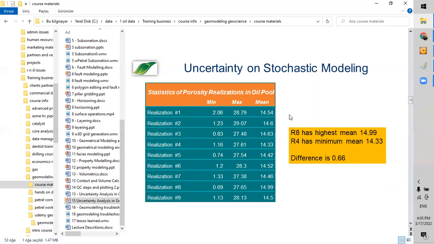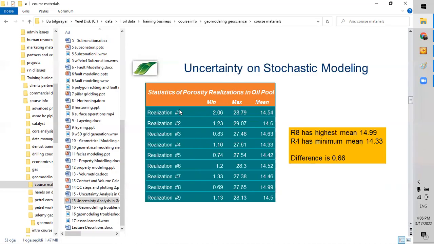Which parameter did we change? The seed number. Yes, stochastic modeling, which was the Gaussian simulation. SGS, sequential Gaussian simulation, and we changed the seed number to calculate different realizations.